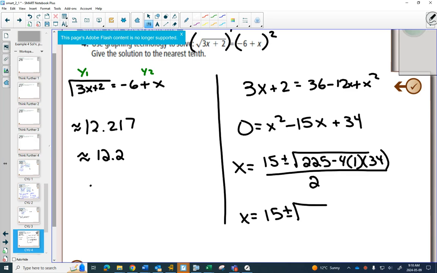Just going to simplify this inside here. Plus or minus the square root of 89 over 2, which gives us one answer of the 12.2 that we had before, and the other answer of 2.8.